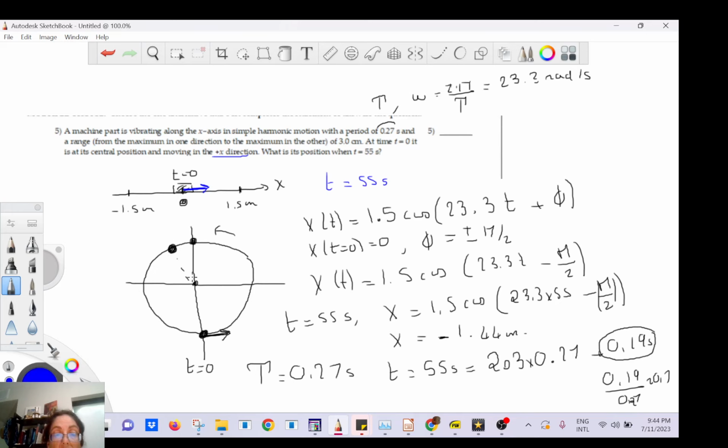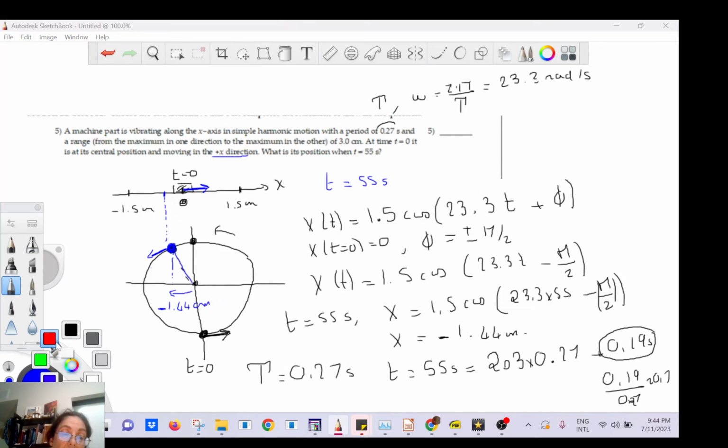Okay, so that will be here. So the machine is going to be at that location there, somewhere there. Okay, on its way, so it's going to be a negative velocity. And here, the displacement is minus 1.44 centimeter.